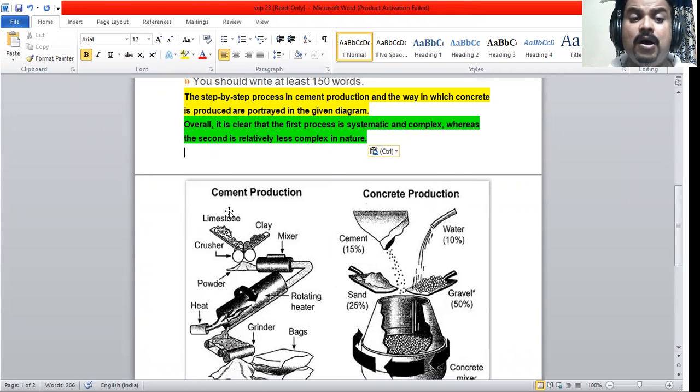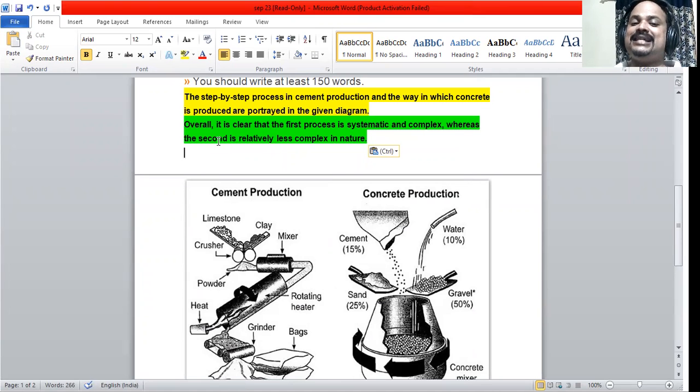So in the diagram, what can we see? We can see the step-by-step process in cement production, and the way in which concrete is produced. Two things are portrayed in the given diagram.